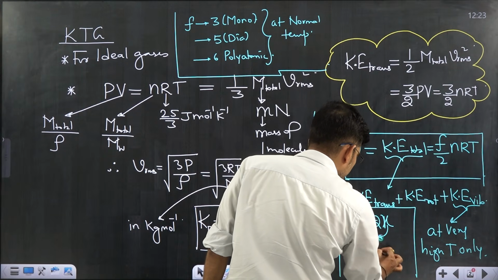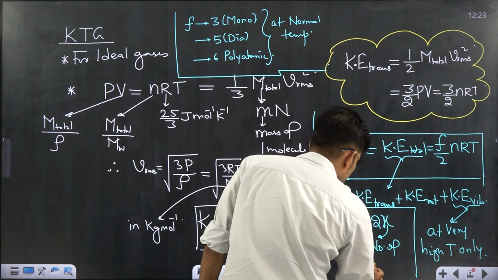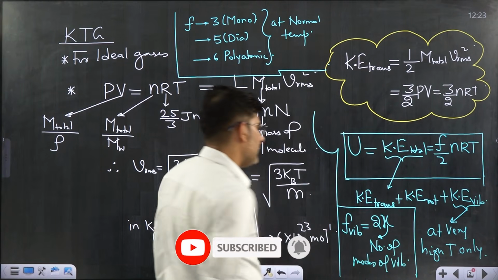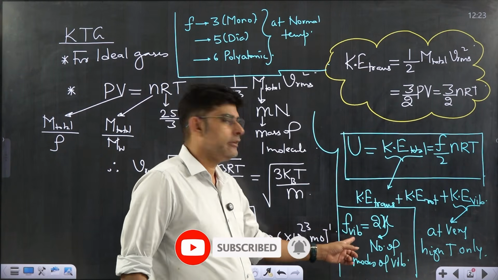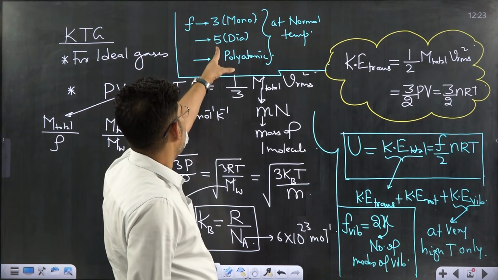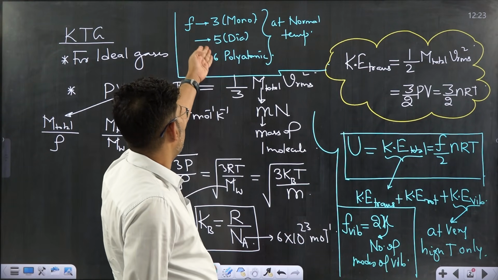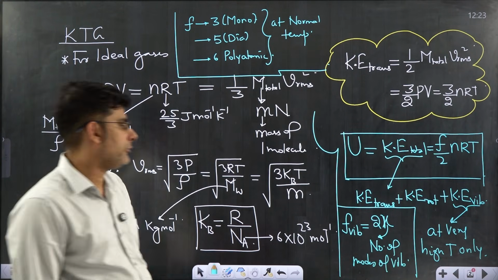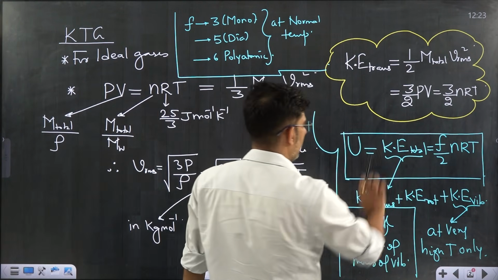X is the number of modes of vibration. So if there are x modes of vibration, degrees of freedom of vibration will be 2x. And mono, dia, poly, normally we have 3, 5 and 6 at normal temperatures. I hope this is clear to all of you. So you can put those values accordingly.